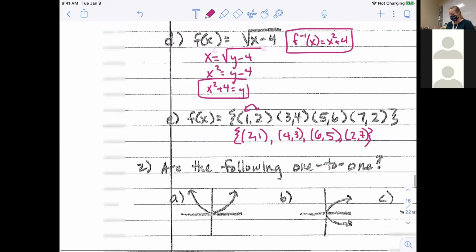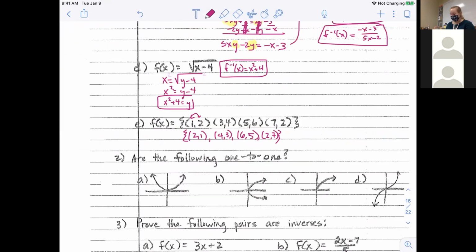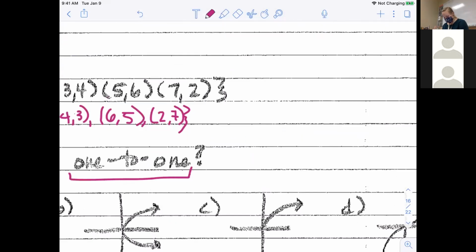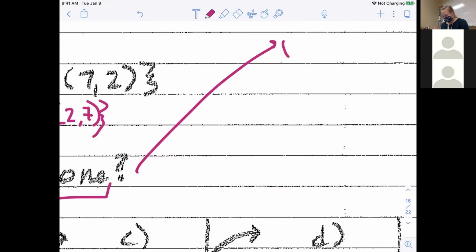All right. Okay, the next concept is something called one-to-one. I had to remind you of two things first. First, if I write VLT, do you know what that means? Vertical line test. And what is a vertical line test? Good.